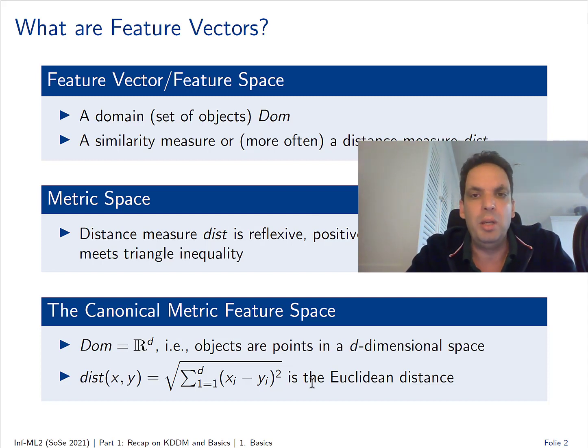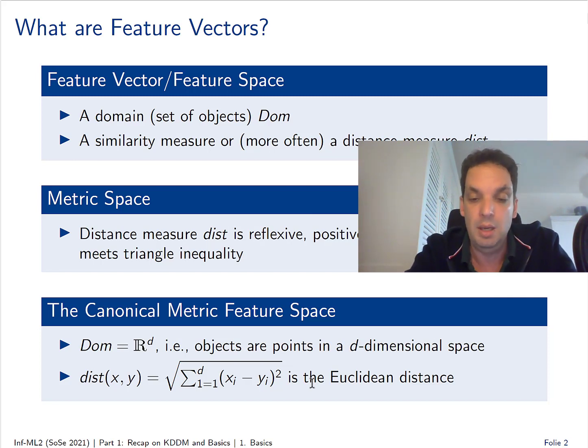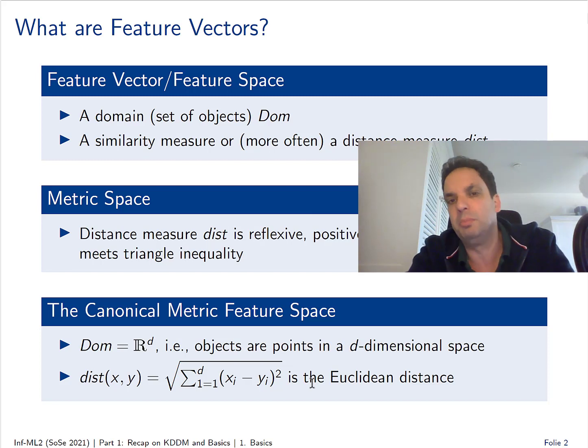Many people say metric spaces or metric distance functions are extremely important for some methods or algorithms, but if you really think about it, it's not really the case. If you come up with a specific distance measure for your data, as we will see a lot in this lecture, where we talk about different distance measures for specific complex object representations, and this metric property is not fulfilled, then very often people don't care about it.